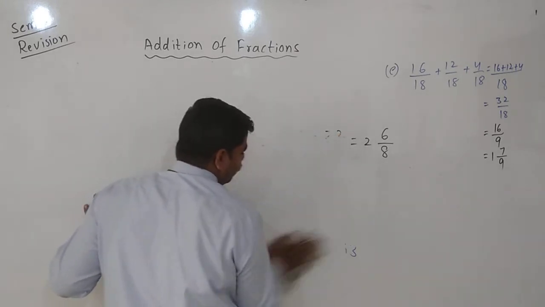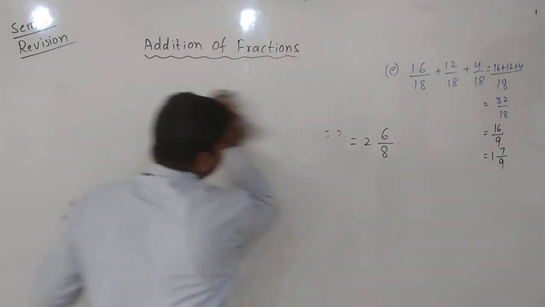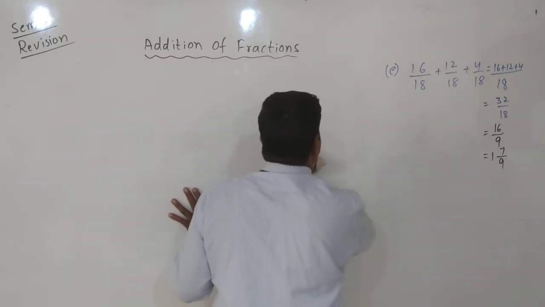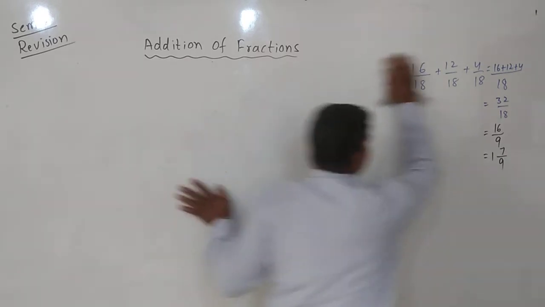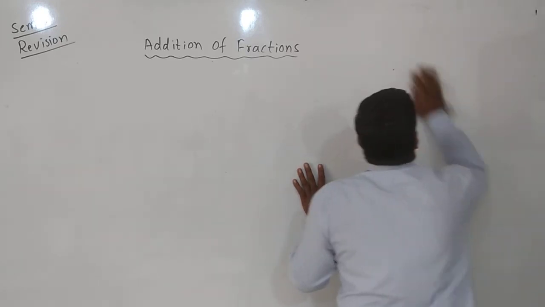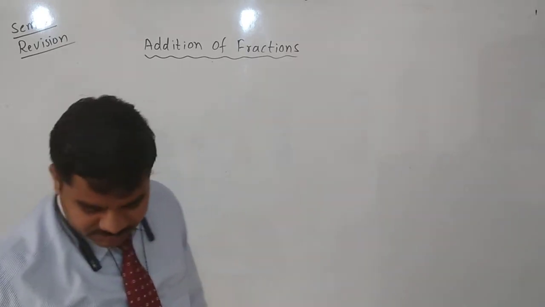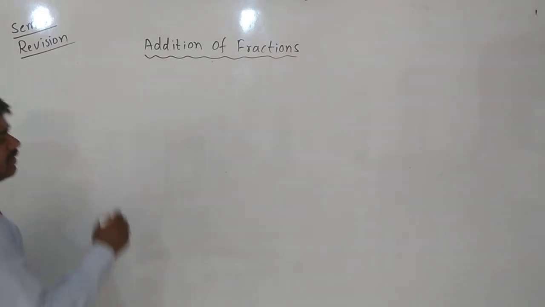This is the sum of a whole number and a fraction. How will you read it? The whole number you can read as an integer, then the fraction we can read. Very simple.